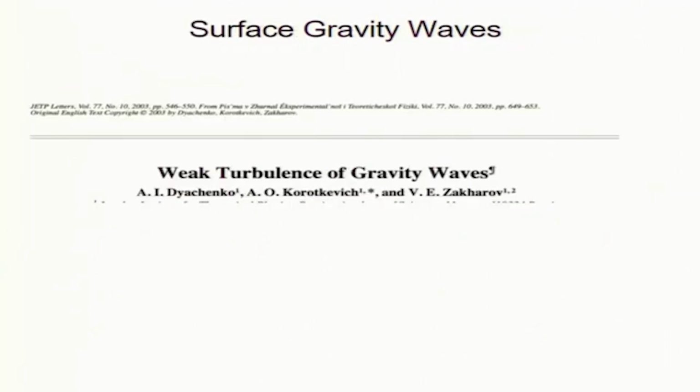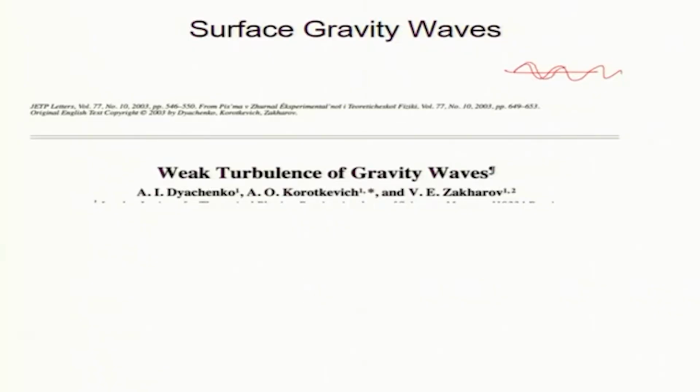Now, a slightly more complicated thing is surface gravity waves. Like in the ocean, on the surface we have surface waves, ocean gravity waves. This is definitely quite complicated. The reason is, just to give you a gist of the thing, we have two fluids, air and water, and we have two different pressures above and below.